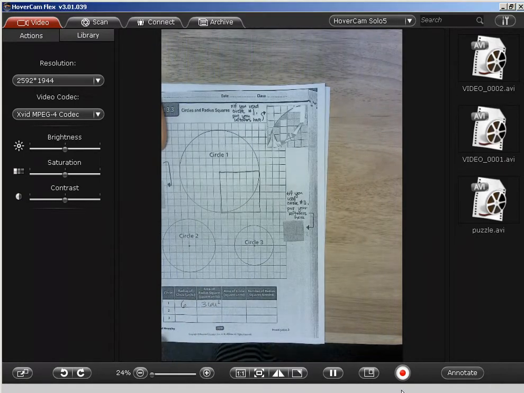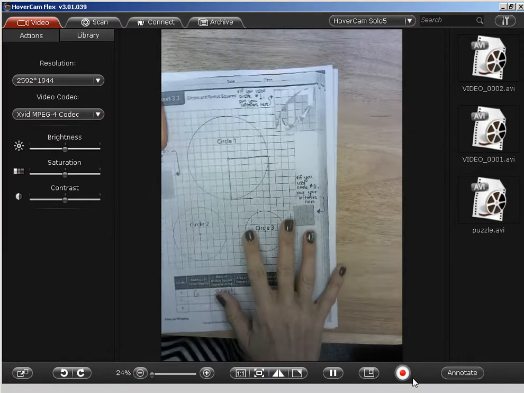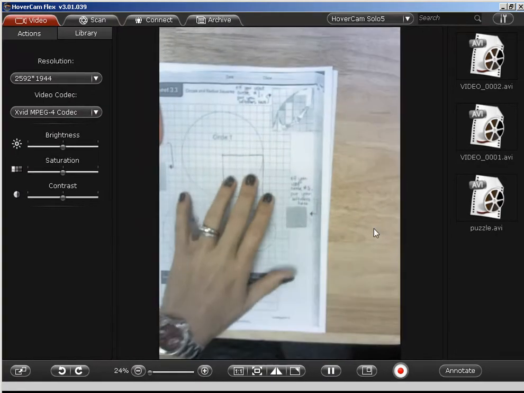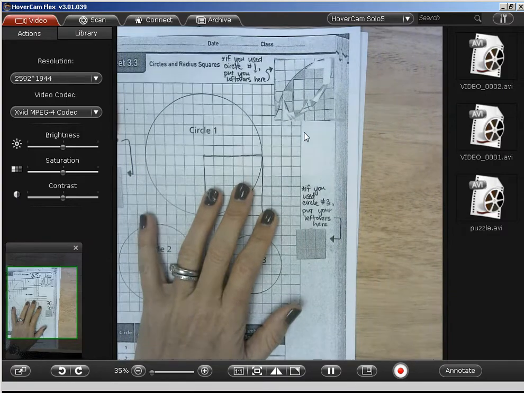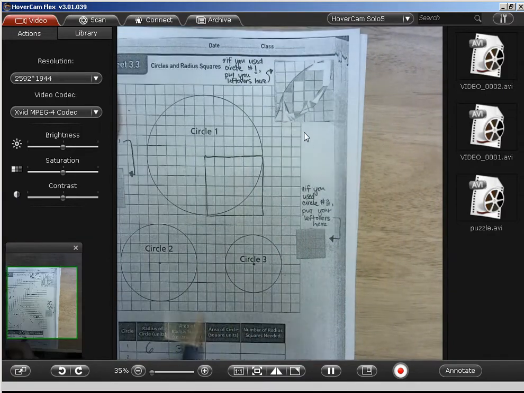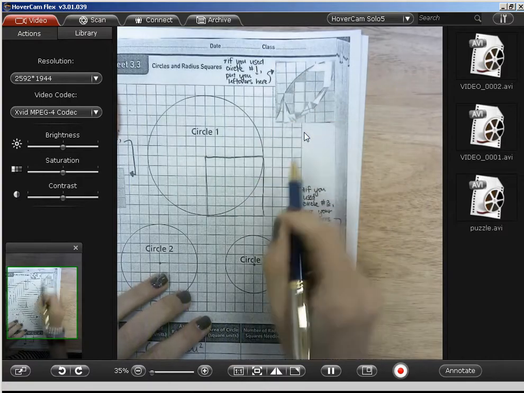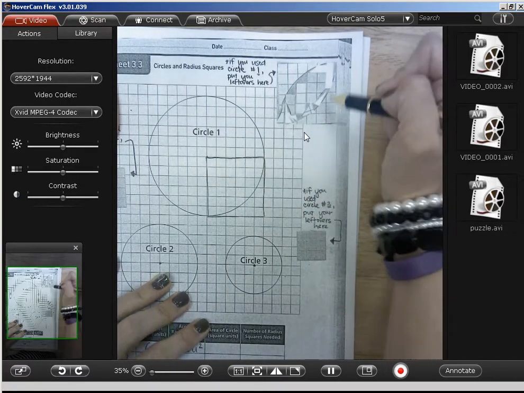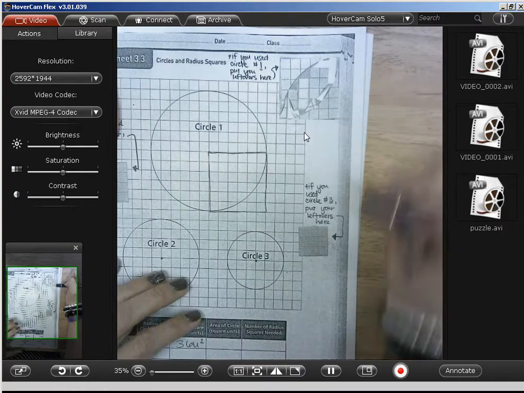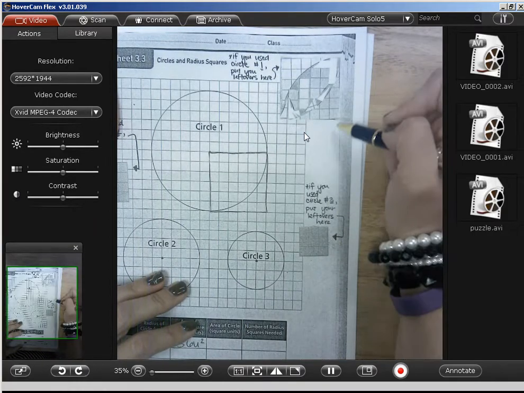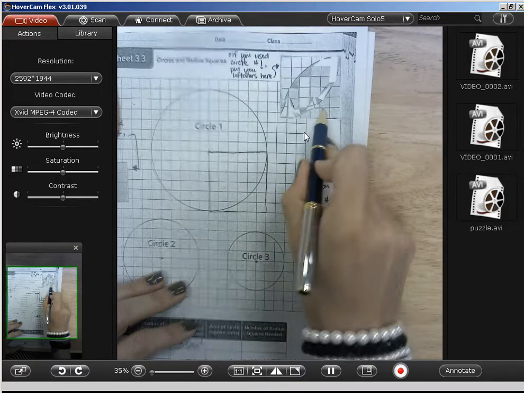Okay, so you can see here that we are done filling in our square. Looking at it, it looks like about 4.5 full squares weren't used. So we used 3, and then maybe 31 of the 36 squares here.